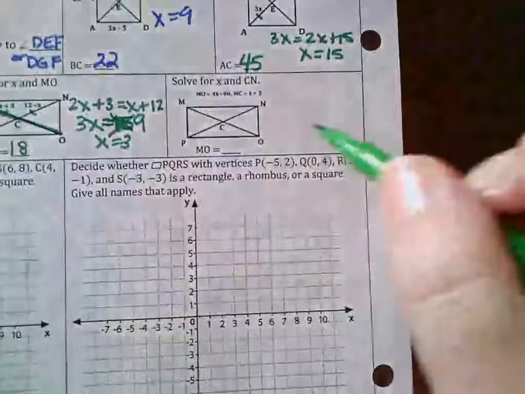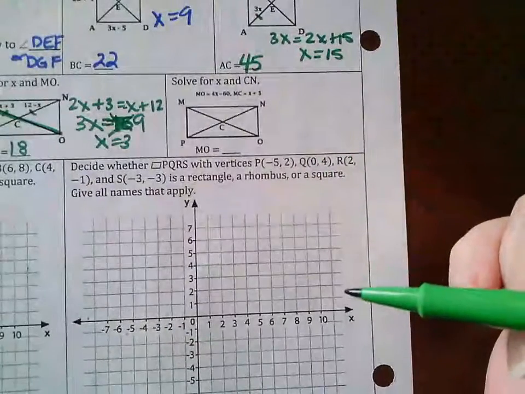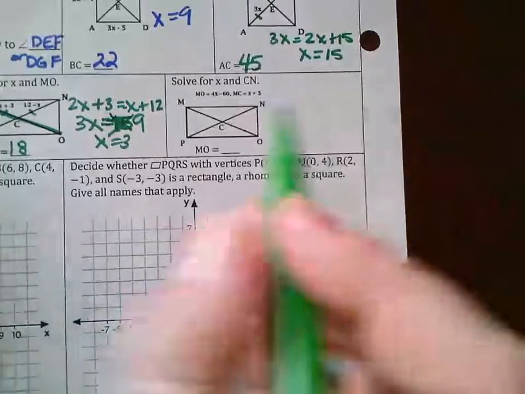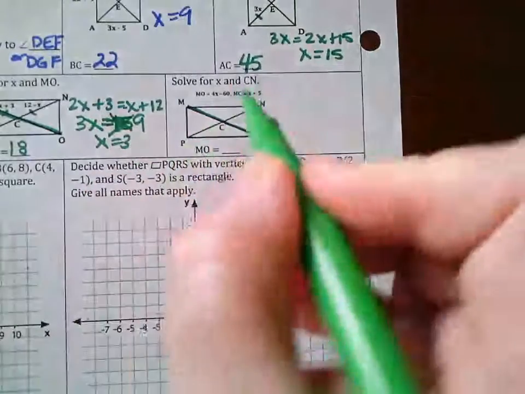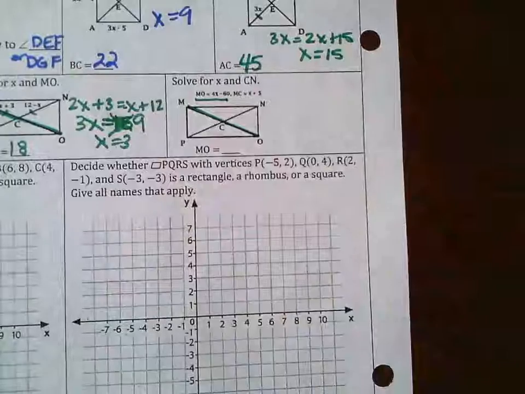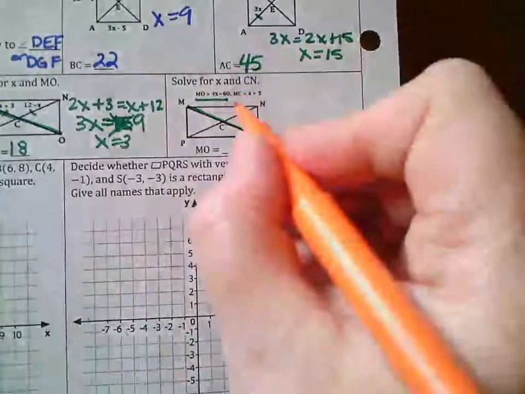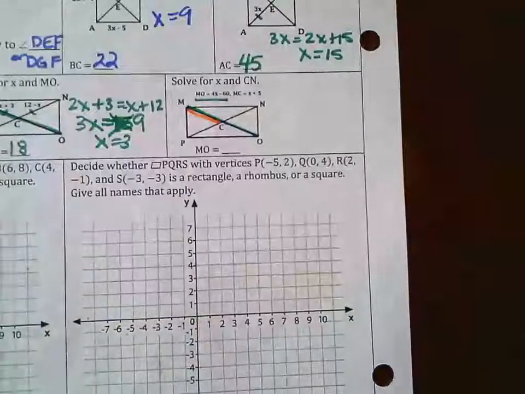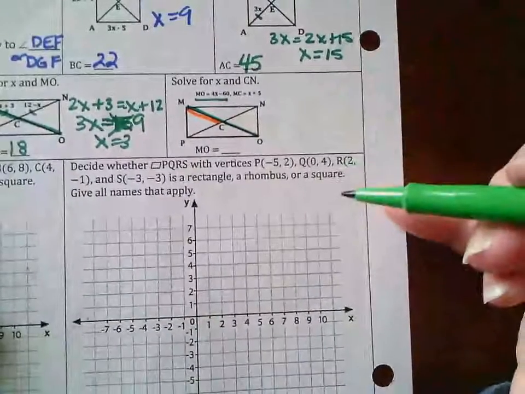All right. So this one. You have a little bit of a different situation here because I have the whole thing here and I only have a part of it here. So I want to solve for x.